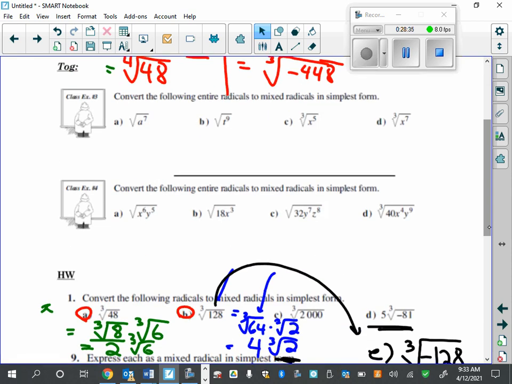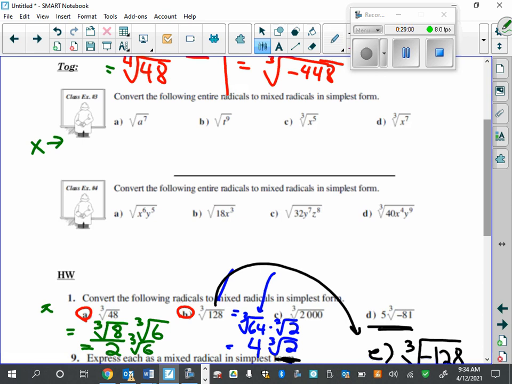Here comes some challenging ones with letters and variables. What's the perfect square chart for x?